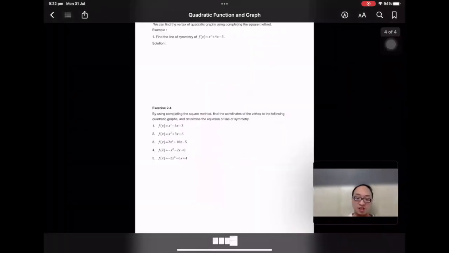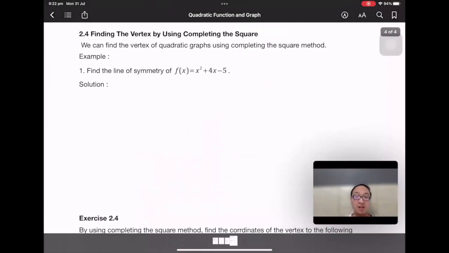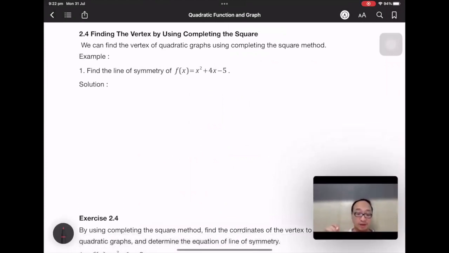So here, we try to find that vertex using the completing the square form. We have to make this into completing the square form. Don't forget, prepare the bracket squared and the minus, and then minus 5. Now we fill in the bracket. This is x, so we can put x here. This is for x, so 4 is divided by 2 and divided by 1.